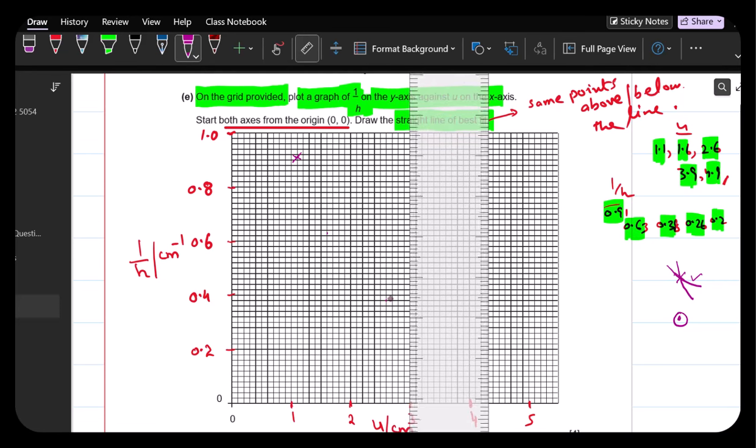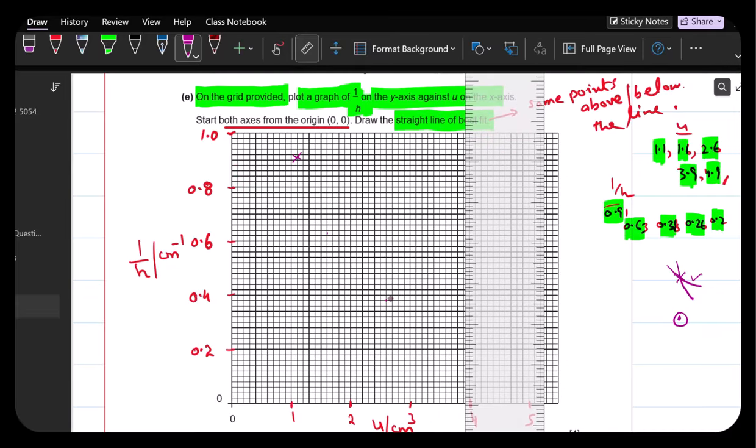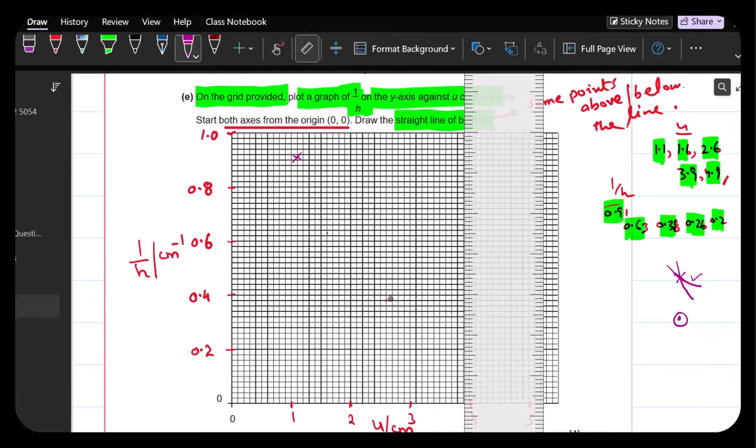Then I'm having the value 3.9. Okay, 3.9 is here. And on 3.9, value will be 0.26. 1, 2, 3, 4, 5, 6. So here we have the value because one small box is equal to 0.2.